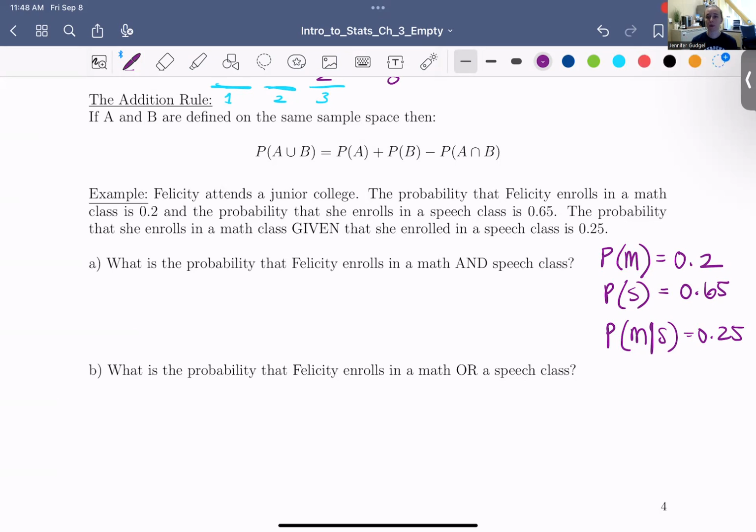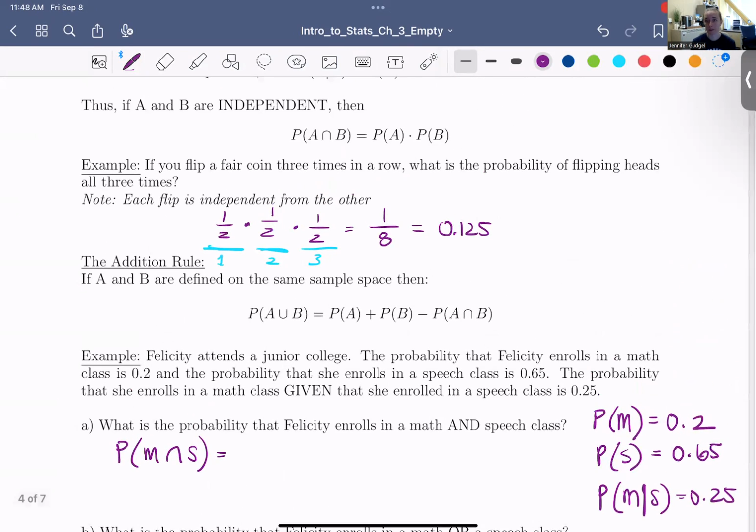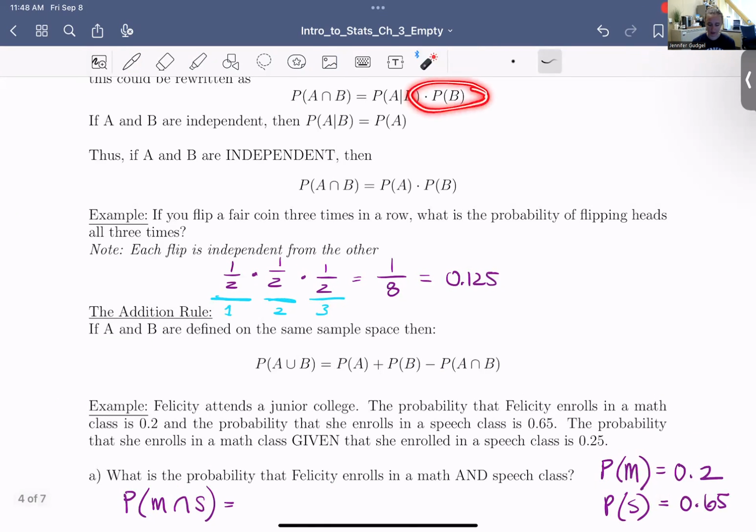They want to know, what is the probability that she enrolls in a math and a speech class? All right, well, it's going to be the conditional probability times the latter.